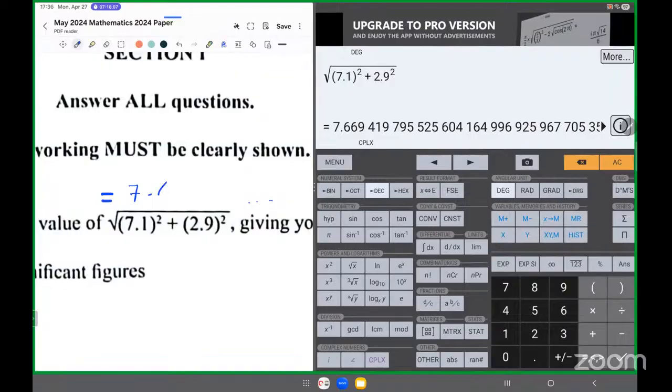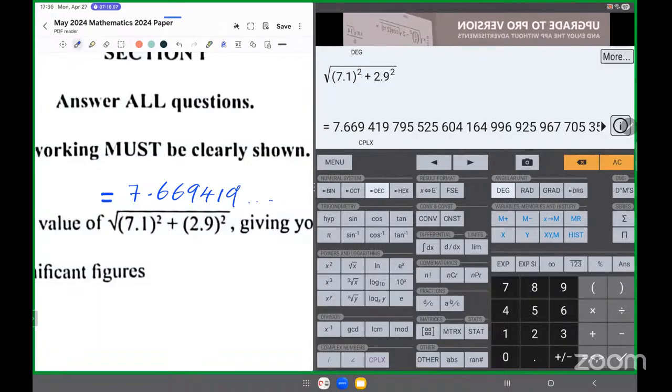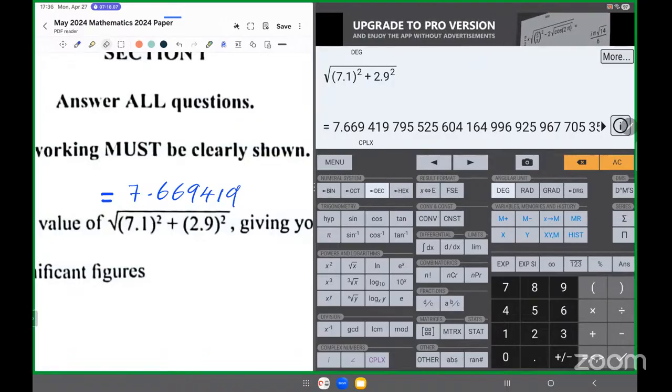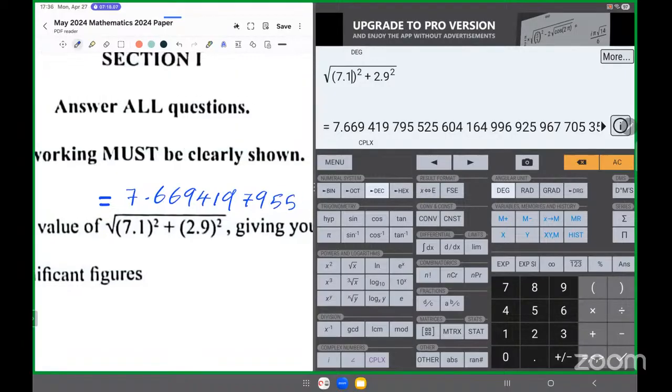So it's 7.6694, and so on, a long number.